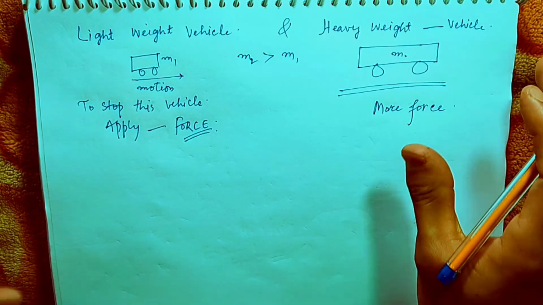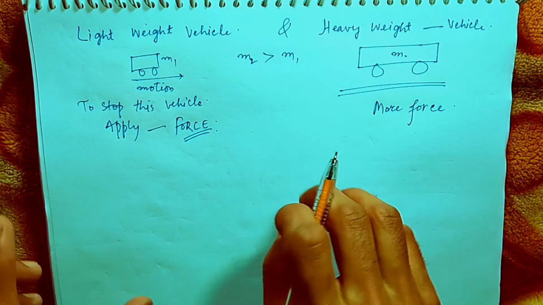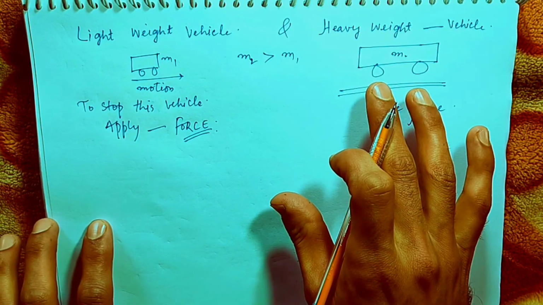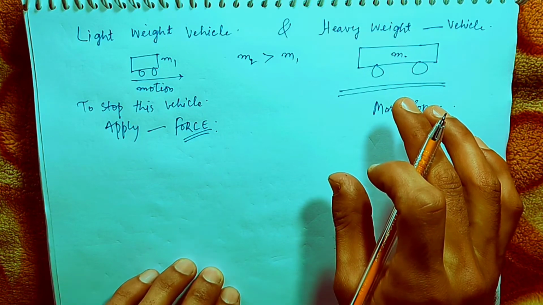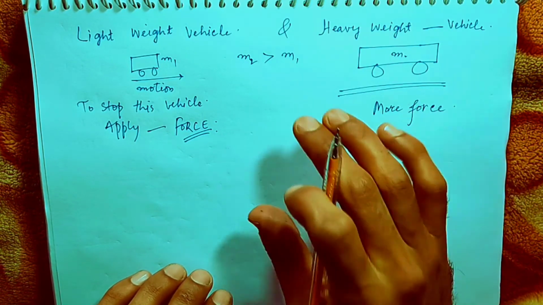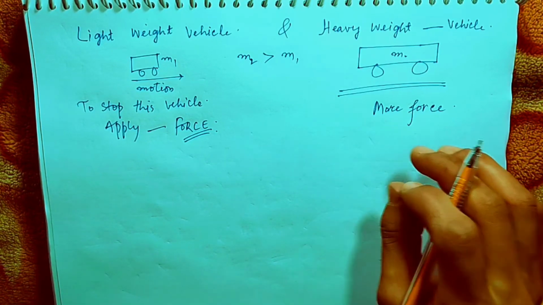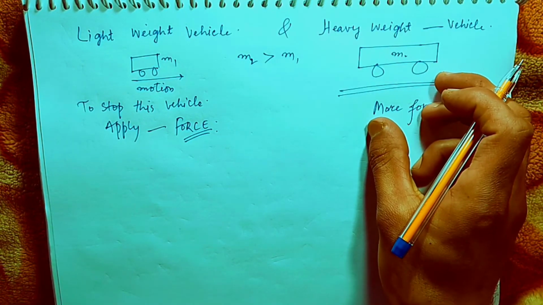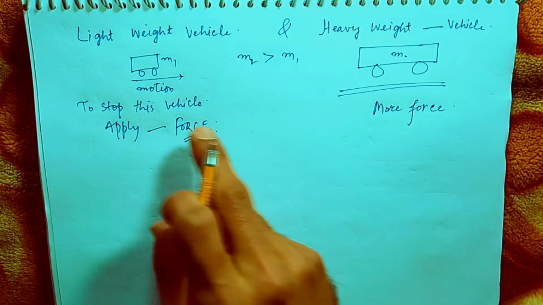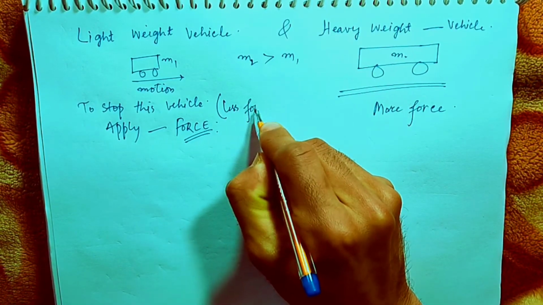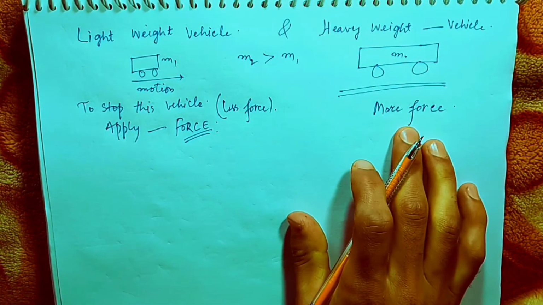Because it's a common observation. I'm not doing any mathematical calculation right now. I'm just giving examples of common observations which you might have seen in your day-to-day life. For a bigger mass, you need more force. For a smaller mass, you need less force. So what does that mean?